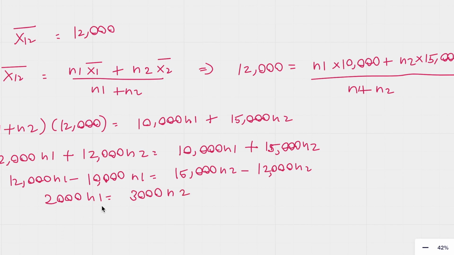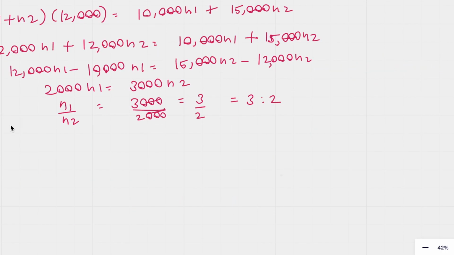Now if we take n1 divided by n2, we get 3,000 by 2,000, which is 3 by 2 or 3:2 ratio.